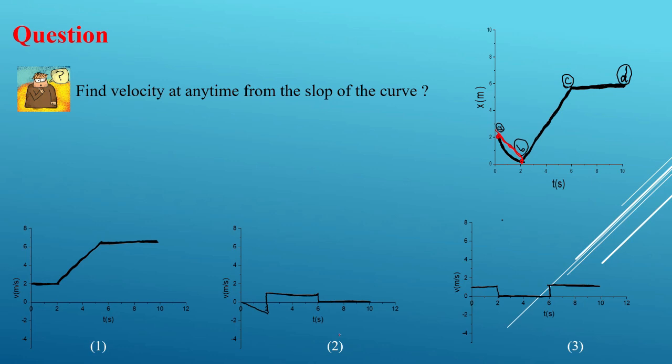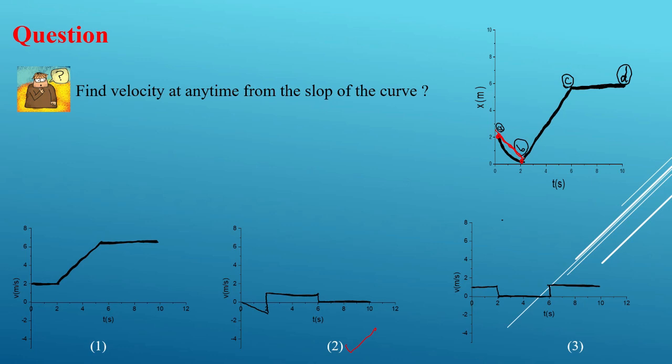Let's look at B. For B, I have the velocity as negative, right? Because it's coming from 0 to -1, correct? And for the third one, I have the velocity at this point right here as positive and also constant at 1, right? So I can tell 2 is the right answer, right? But let's look at the other points as well, like between B and C here.